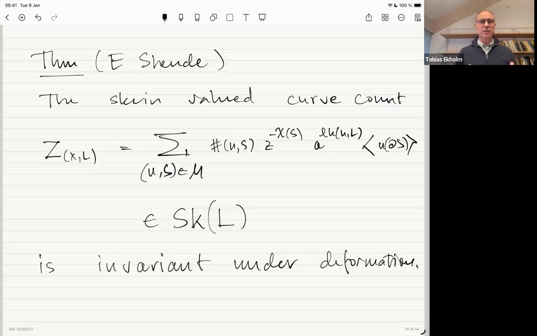So what we're showing here, the pictures that I'm drawing or the theorems surrounding them, is in some sense saying that the count of holomorphic curves with boundary is equal to this kind of HOMFLY skein.